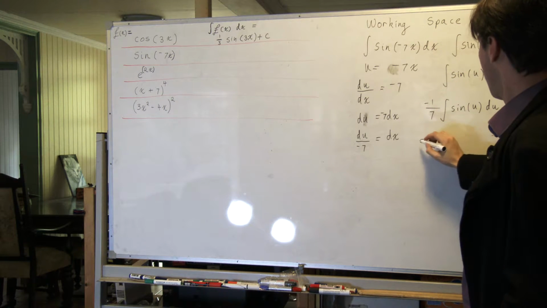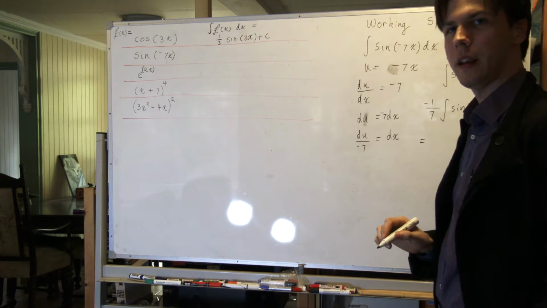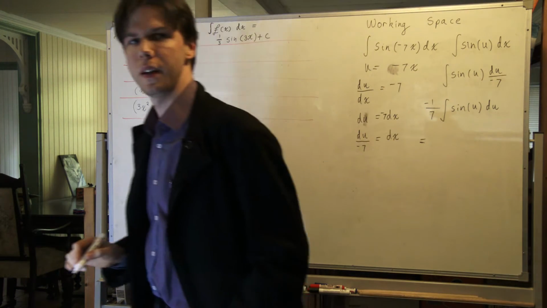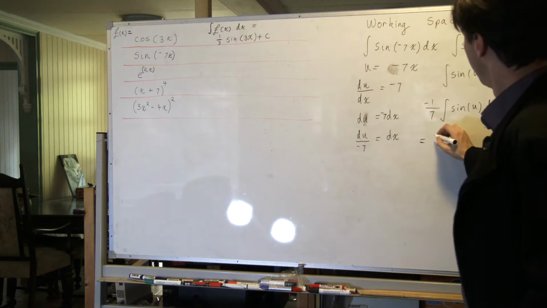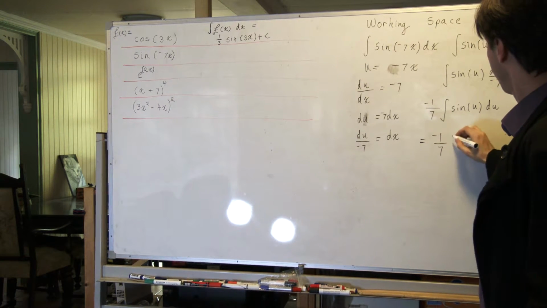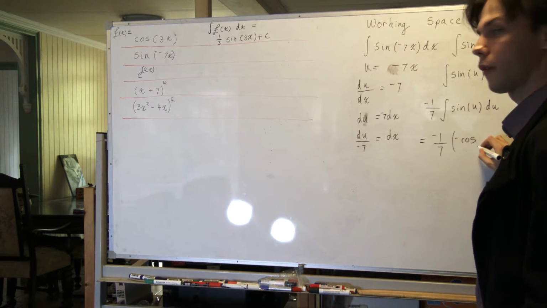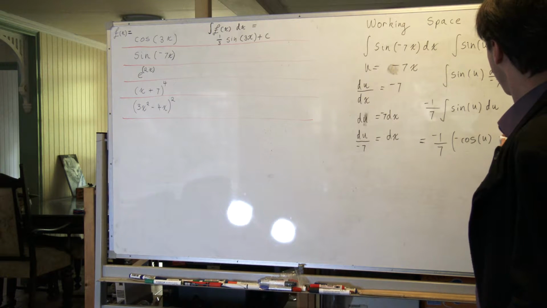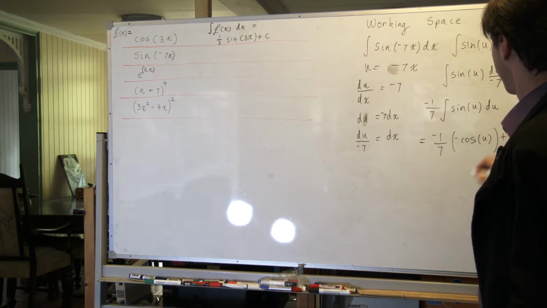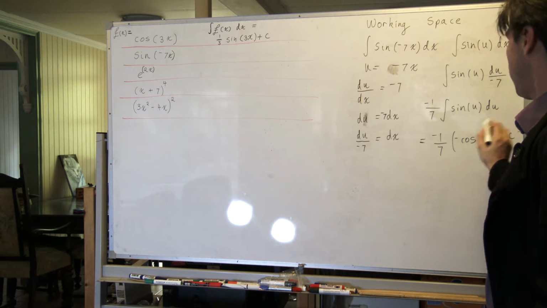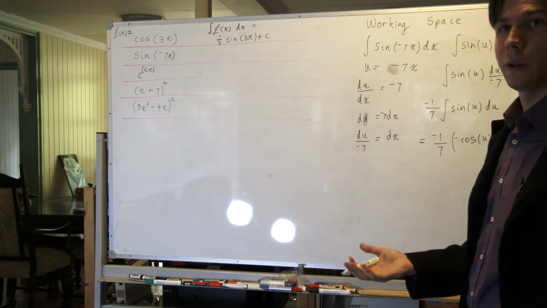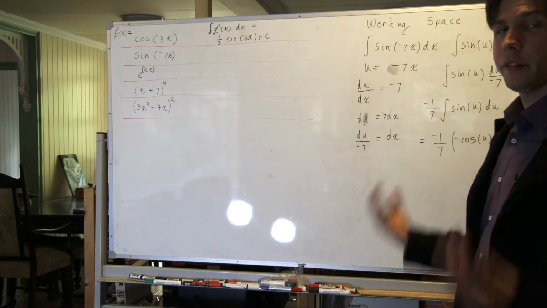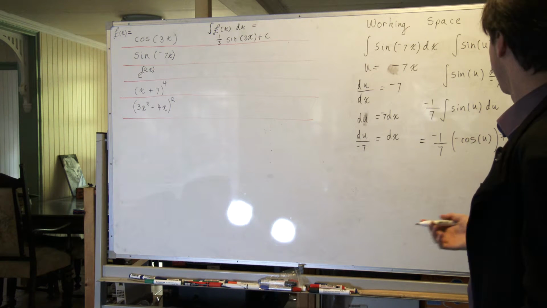okay, now the integral of sine is negative cos, so we have negative 1 over 7 times negative cos of u plus a constant, and you can kind of just leave the constant and not worry about dividing it by negative 7 because, well, a constant divided by negative 7 is still a constant no matter what happens to it.